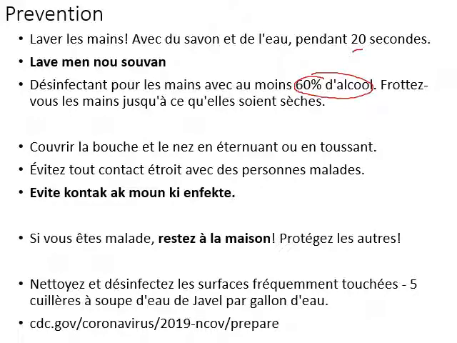Don't cover it with your hand, but cover it in your elbow. And avoid close contact with sick people. If you're sick, stay home to protect others. You might not be very sick, but an old person could get very sick and die.